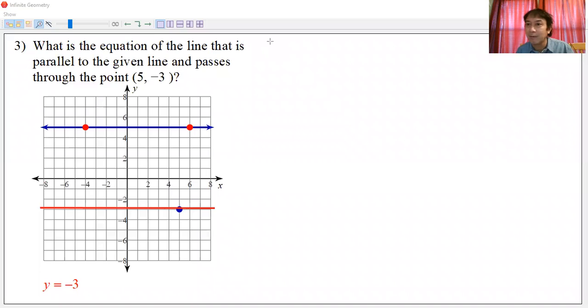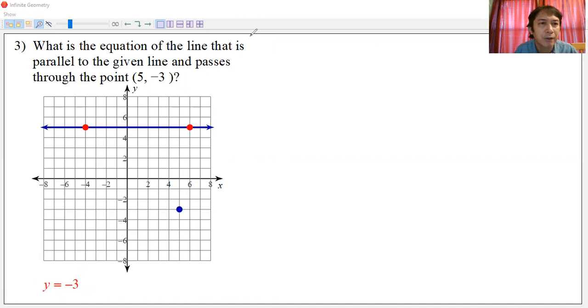There, that's the line. y is equal to -3. That's it for the required answer. y is equal to -3. Let's continue with the next number.